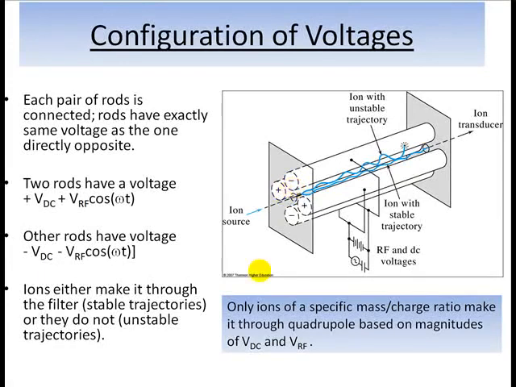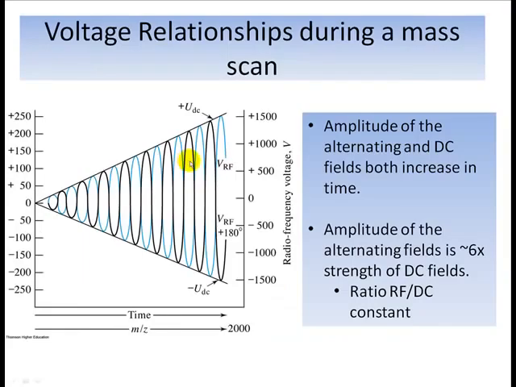Basically, ions either make it through this filter and are detected by the ion transducer, or they do not make it through the filter. Only ions of a specific mass-to-charge ratio make it through the quadrupole at any particular time. Whether an ion makes it through depends upon the magnitudes of the DC and RF voltages at that given point in time. So here's what happens to these voltages over time.